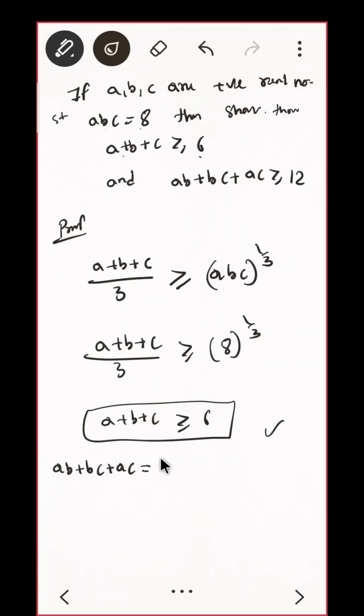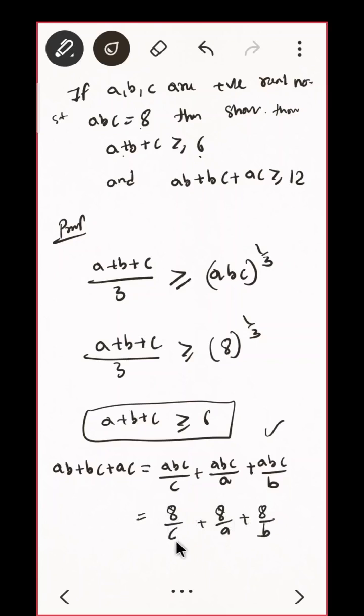Or can I put it like this? ABC upon C plus ABC upon A plus ABC upon B. Is that okay? Can I do that? And what is your ABC? 8. So can I write this as 8 upon C plus 8 upon A plus 8 upon B?